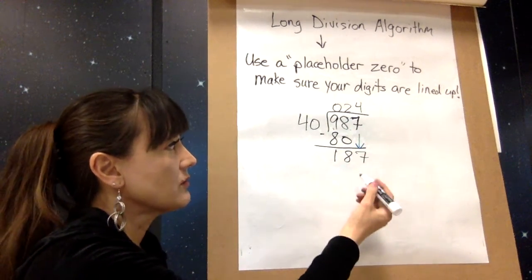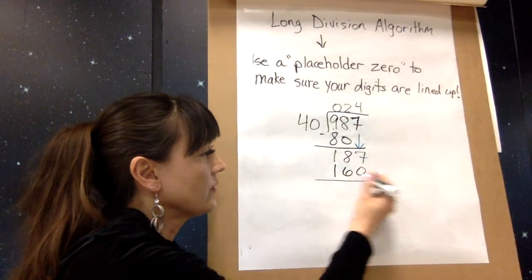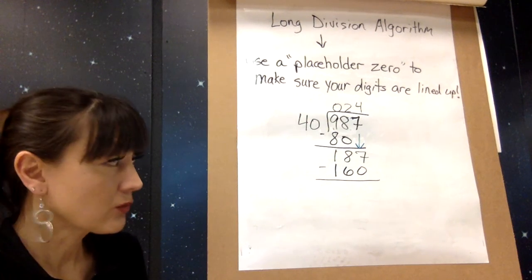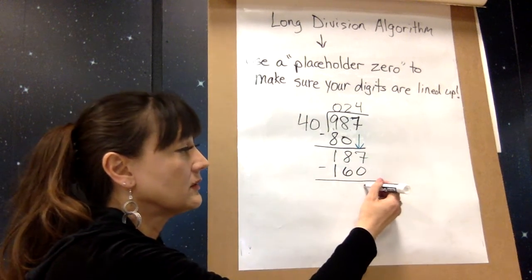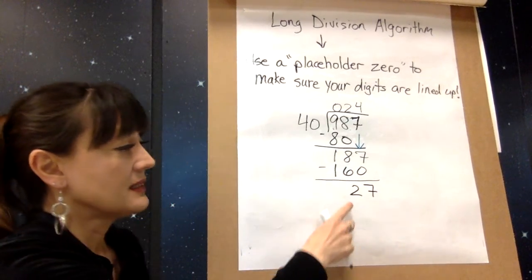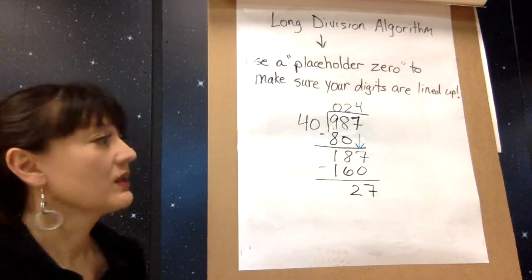And so 4 times 40 is 160. And I'm going to follow my standard subtraction algorithm rules. And so 7 minus 0 is 7, and 8 minus 6 is 2. And I see that 27 is smaller than 40, so we're good to go, okay?